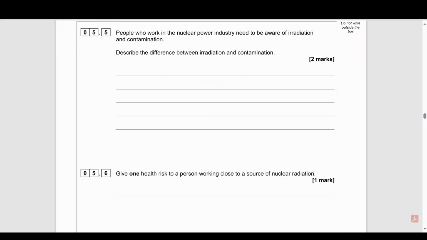Question 5.5. People who work in the nuclear power industry need to be aware of irradiation and contamination. Describe the difference between irradiation and contamination.